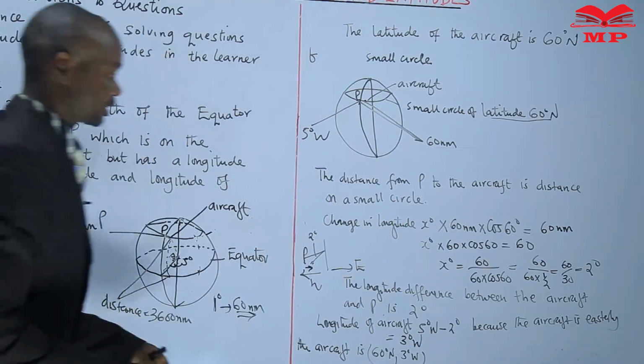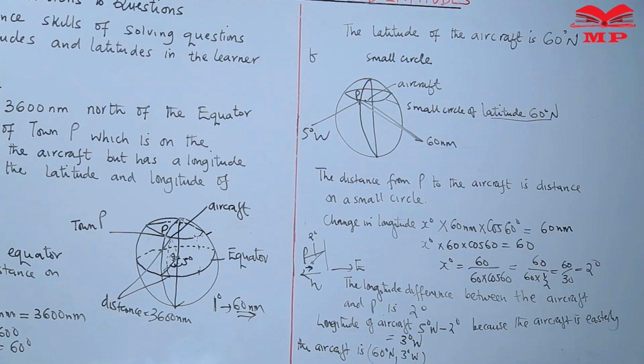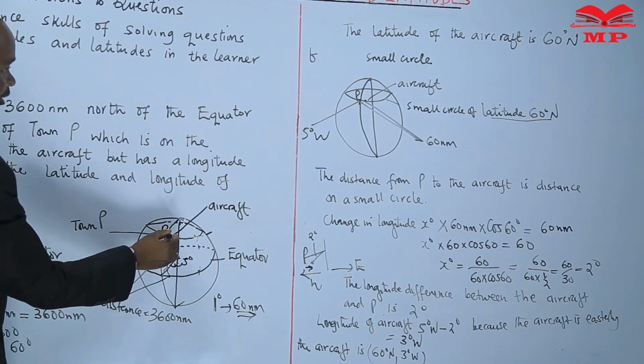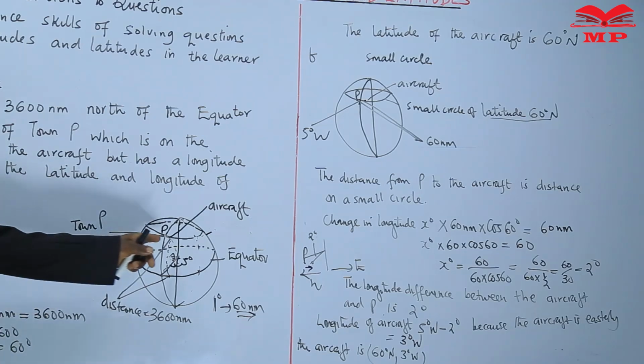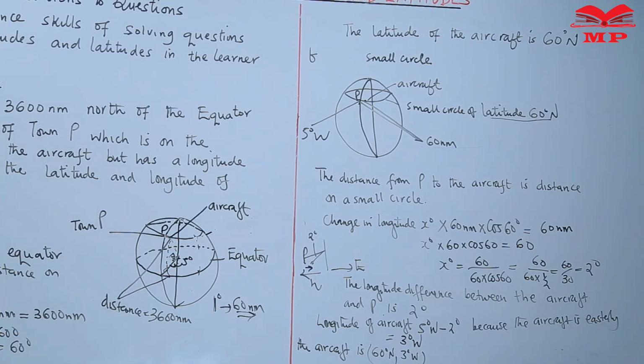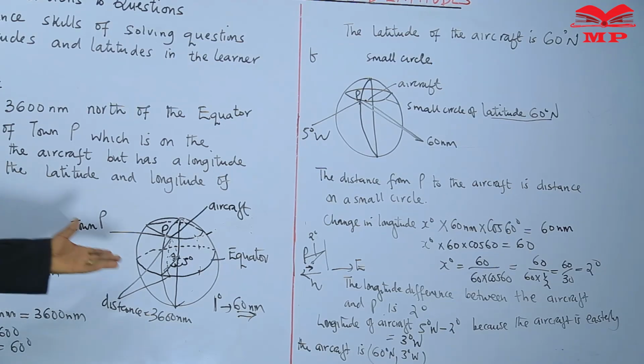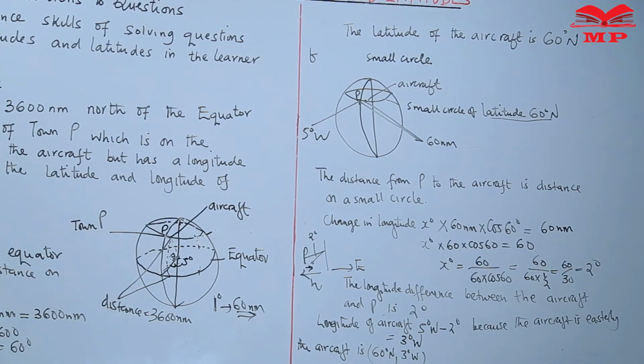That gives you the longitude and the latitude. So check. Always a diagram comes in handy to help you to scale down and understand what is happening.